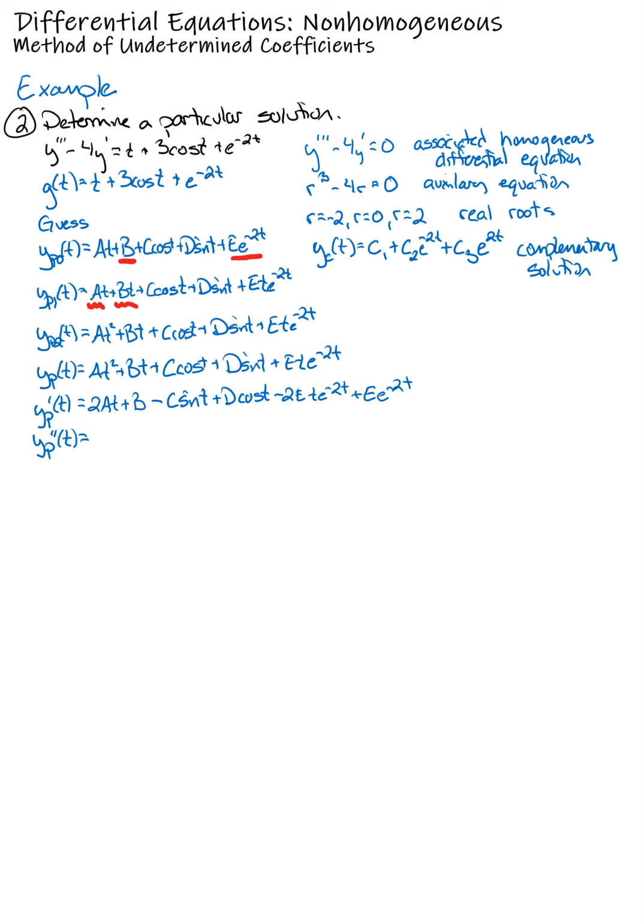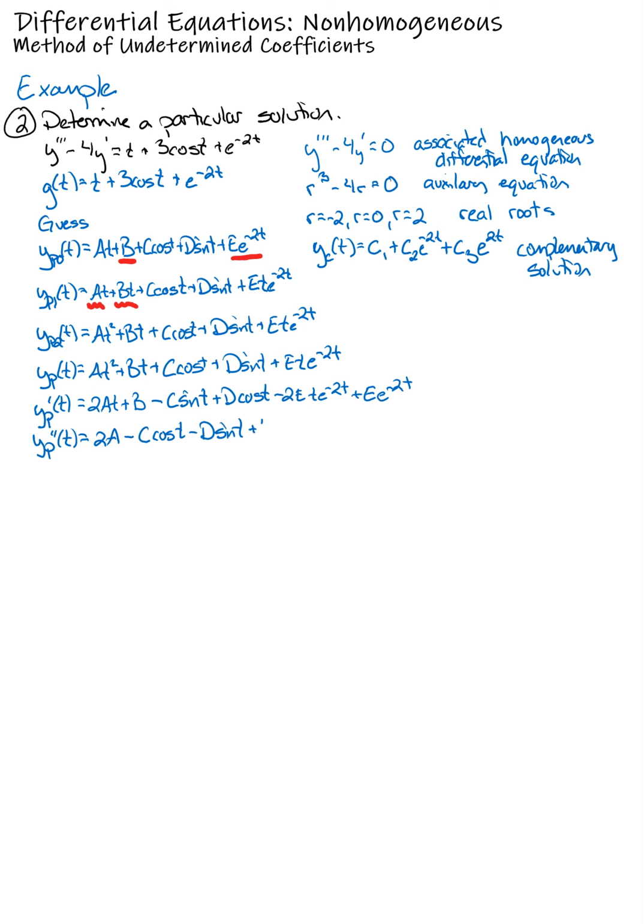So that is 2a minus c cosine t minus d sine t. Need the product rule again for the second to last term.